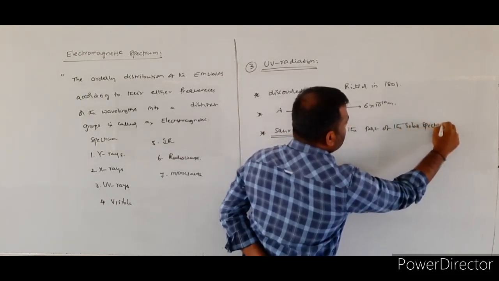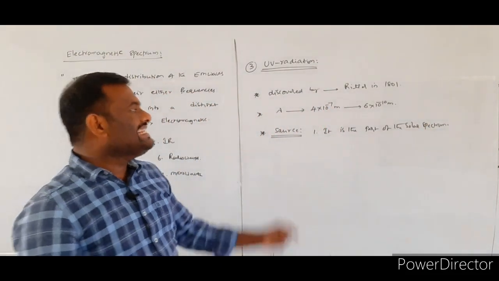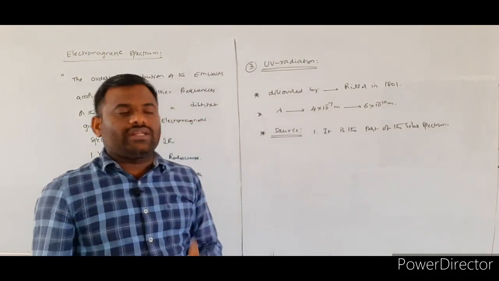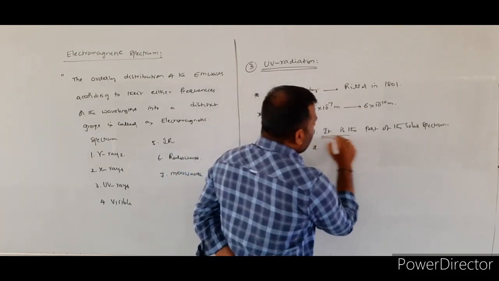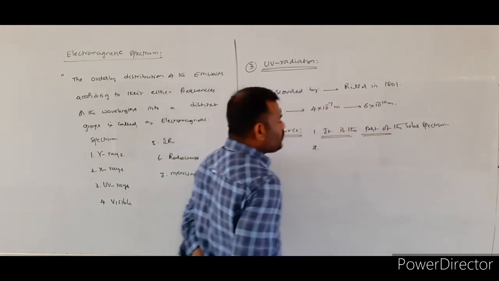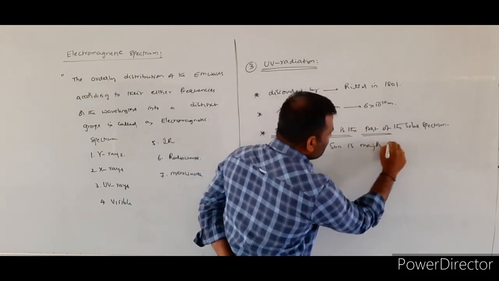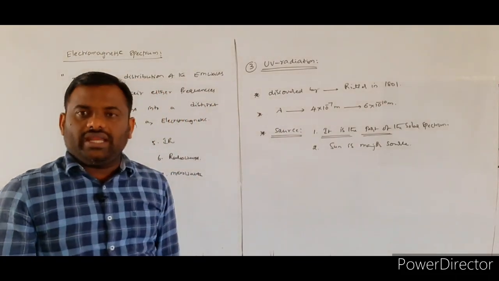So the UV radiation is a part of the solar spectrum, so the sun is the main source for the UV radiation. The sun is a major source for the UV radiation.